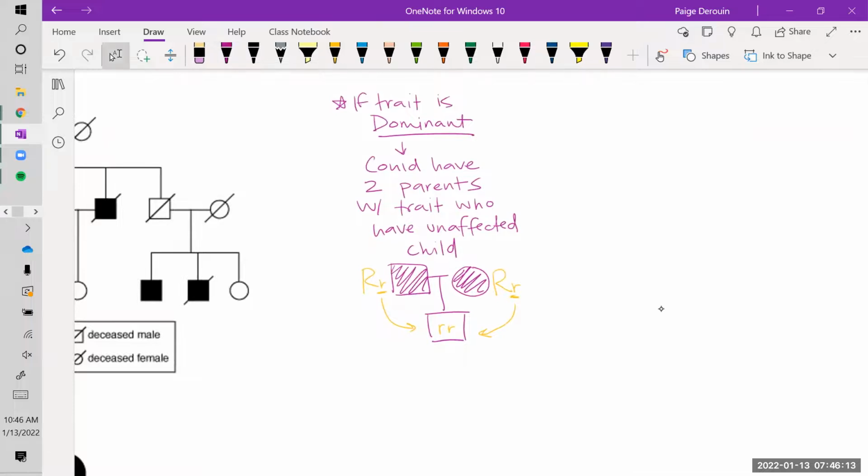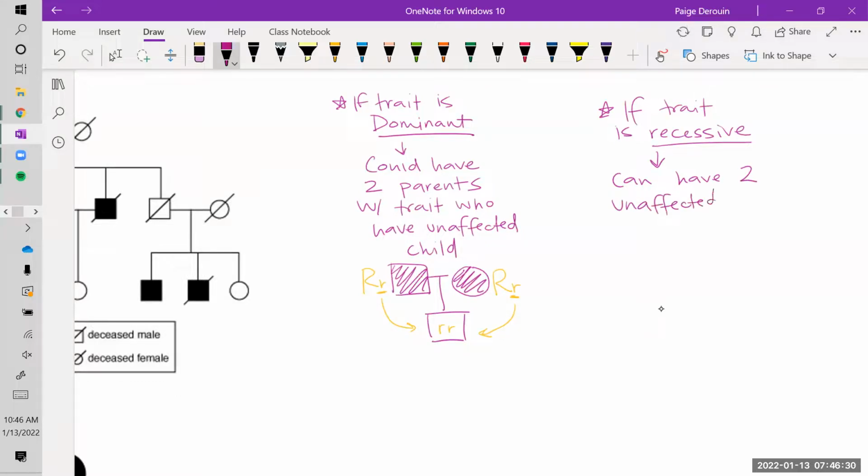If the trait is recessive, then you can have 2 unaffected parents who have an affected child.